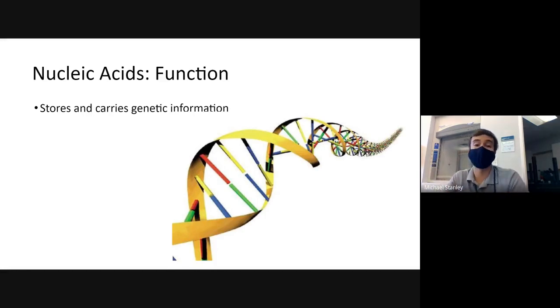A lot of that information is stored within the DNA in your body, the genes that make up your body. And this is information that you inherit from your parents. So your DNA is a mixture of 50% of your mom's DNA and 50% of your dad's DNA, all mixed together and turned into your DNA.